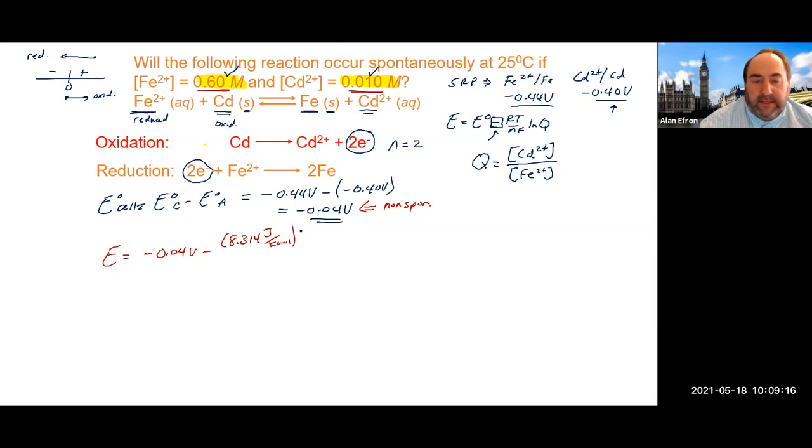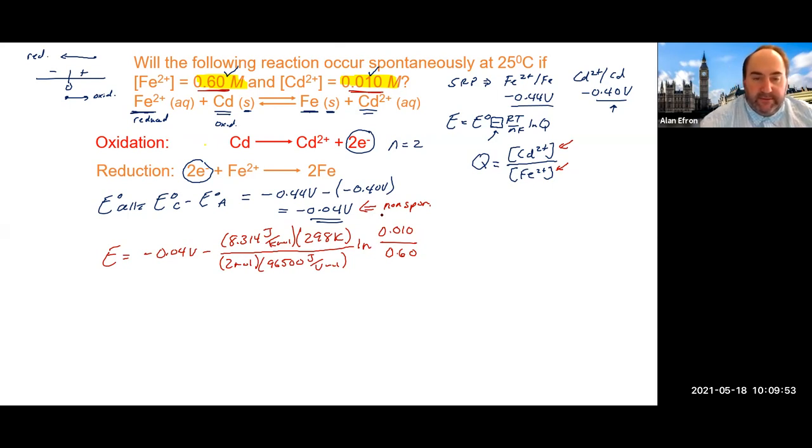Our T is 25 degrees, which if we add 273 becomes 298 Kelvin, divided by 2 moles of electrons and our Faraday's constant, times the natural log of our cadmium over our iron. Our cadmium's concentration was 0.01 and our iron was 0.60. Any questions on that?